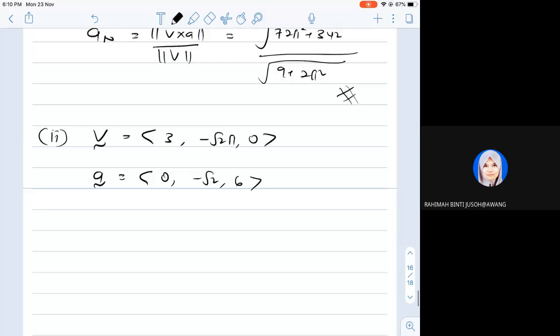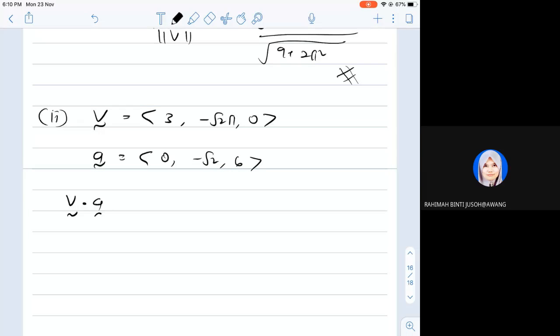Okay, so V dot A. 3 times 0 plus negative square root 2 pi times negative square root 2 plus 0 times 6. So V dot A is square root 2 times square root 2, so positive 2 pi.